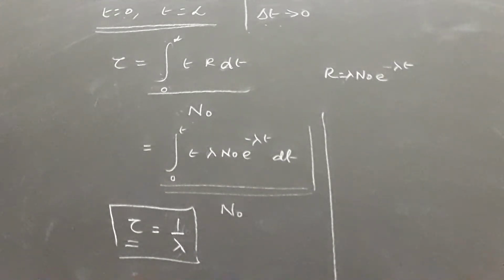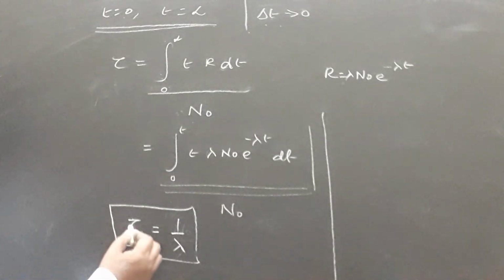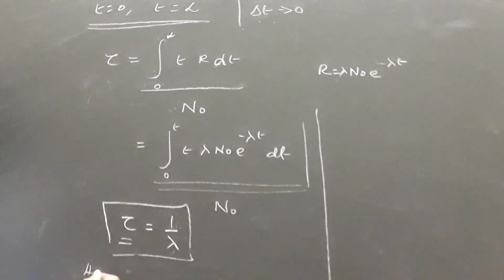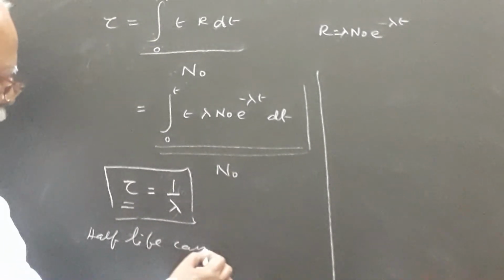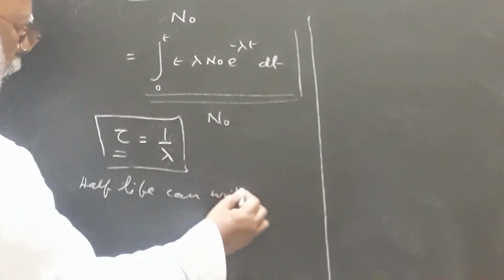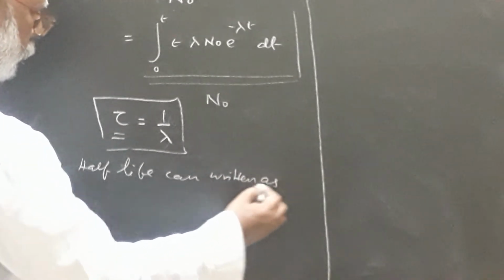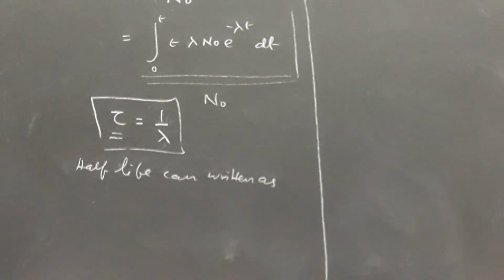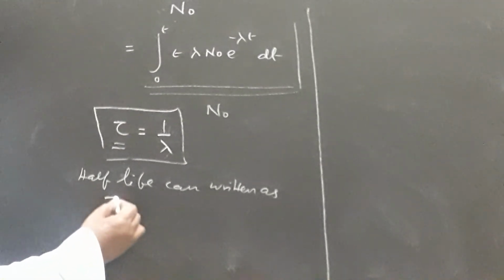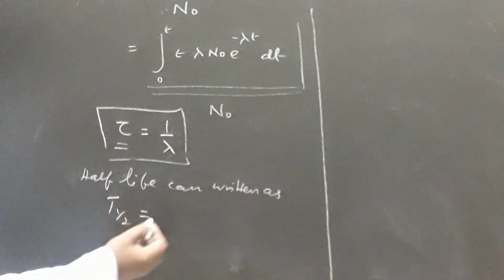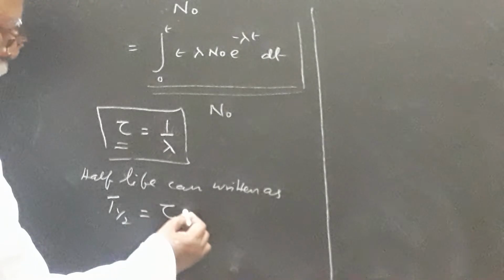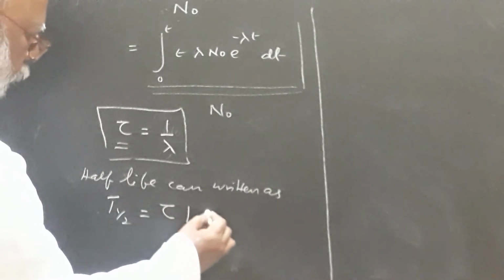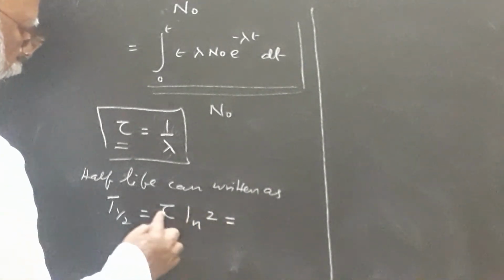Now, using the mean life, the half-life can be written as T half equals tau natural log of 2.